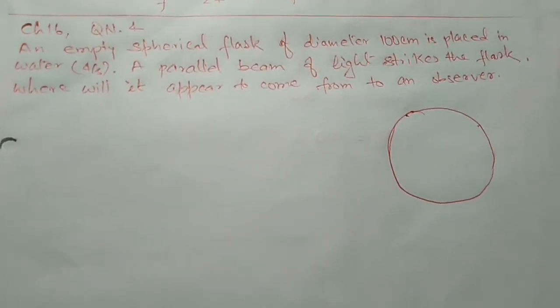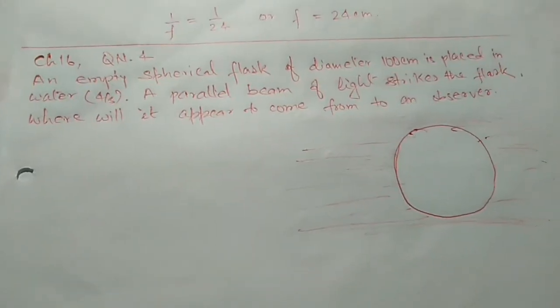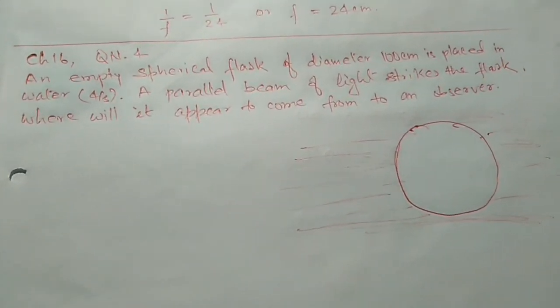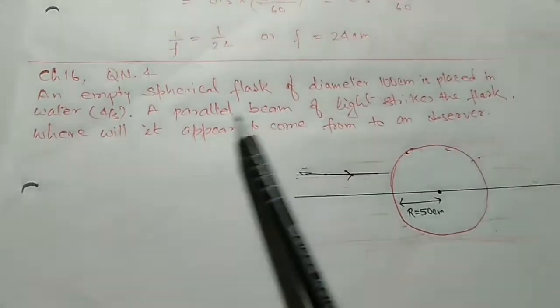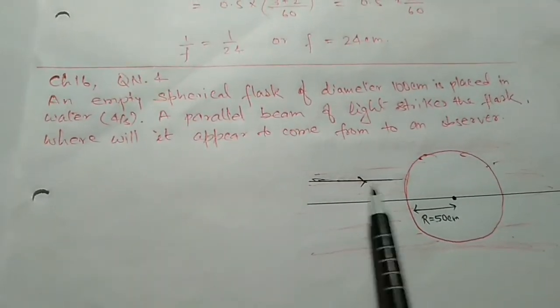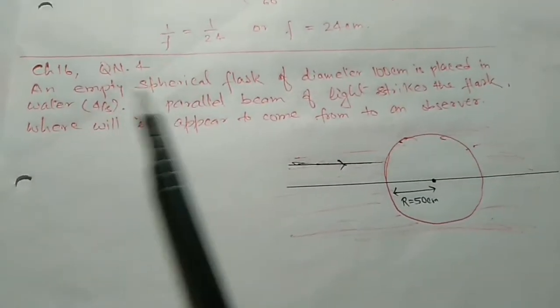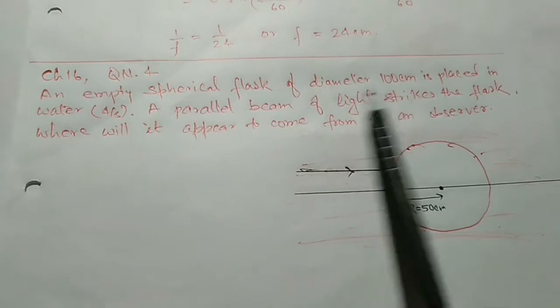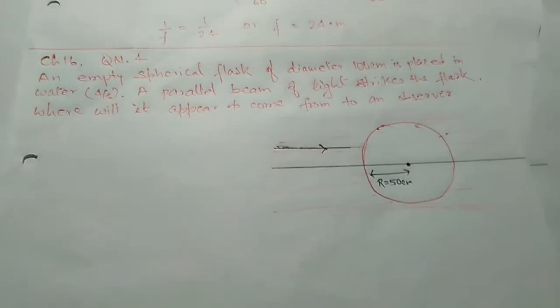According to the question, consider this is a flask, because the question says spherical. This spherical flask is now placed in water. As the question says, a parallel beam of light, so this is the parallel beam, and the diameter of this spherical flask is 100, so the radius of curvature will be 50 centimeter.